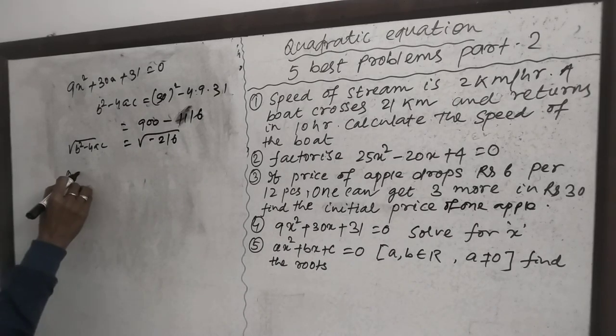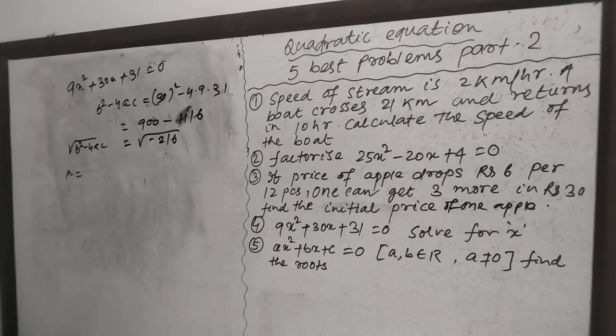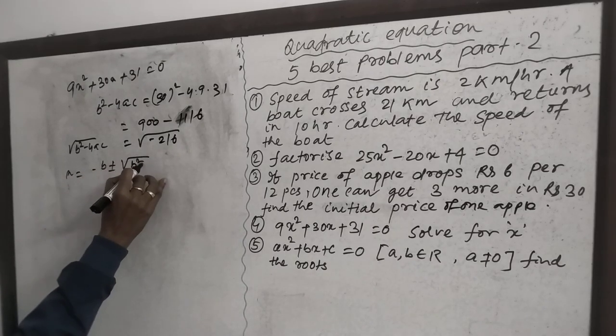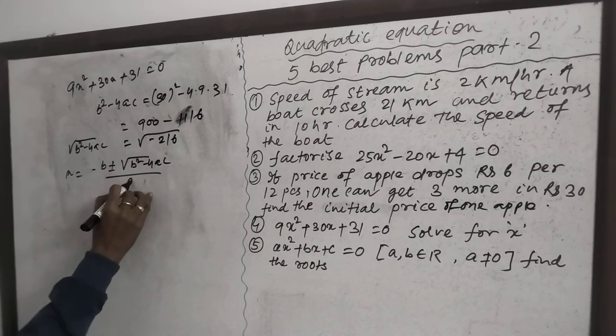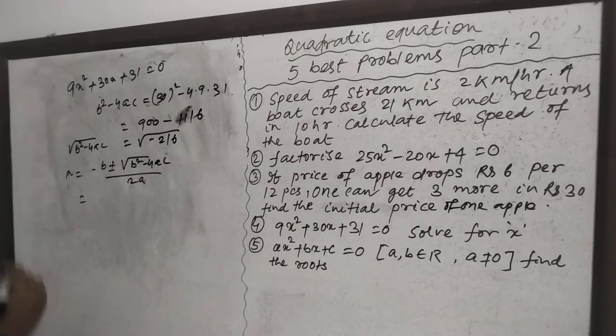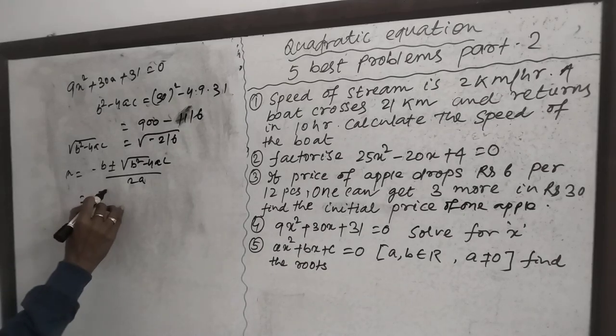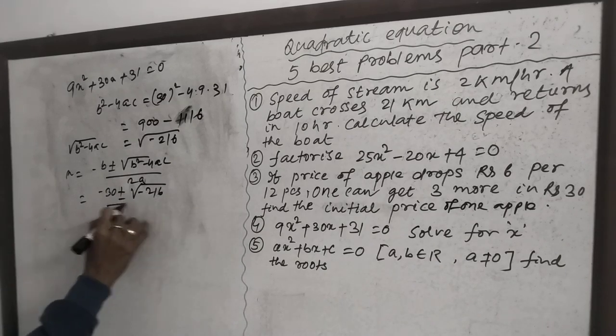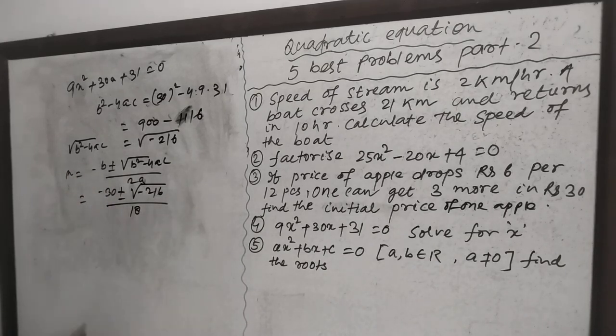Now x is equal to, by Sridharacharya formula, minus b plus or minus root over b square minus 4ac, by 2a. Okay, minus b means minus 30, plus or minus root over b square minus 4ac, minus 216, by 2a. 2a means 18.